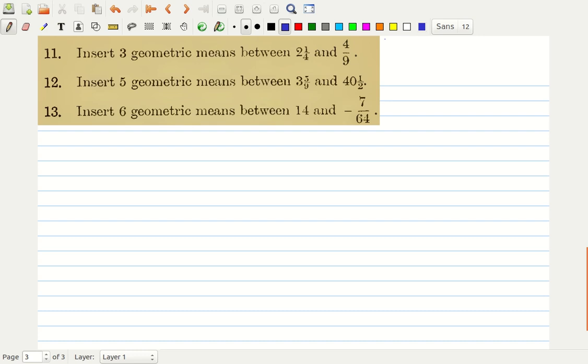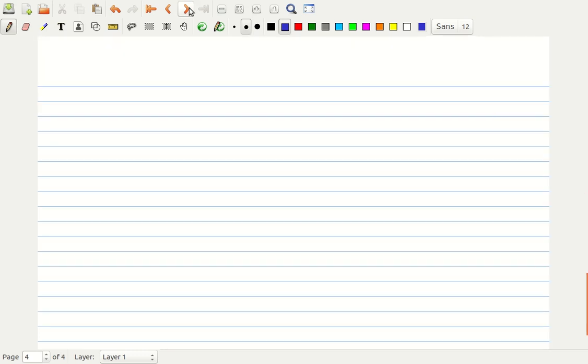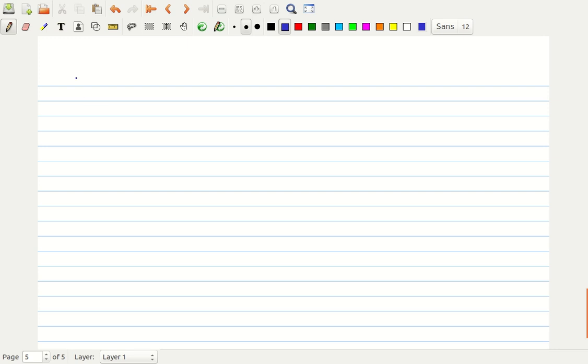So suppose we have two numbers, say A and B, and we are asked to insert n geometric means between A and B. So what we are asked to do is insert n numbers between A and B, so that the whole sequence including those n numbers forms a geometric progression.